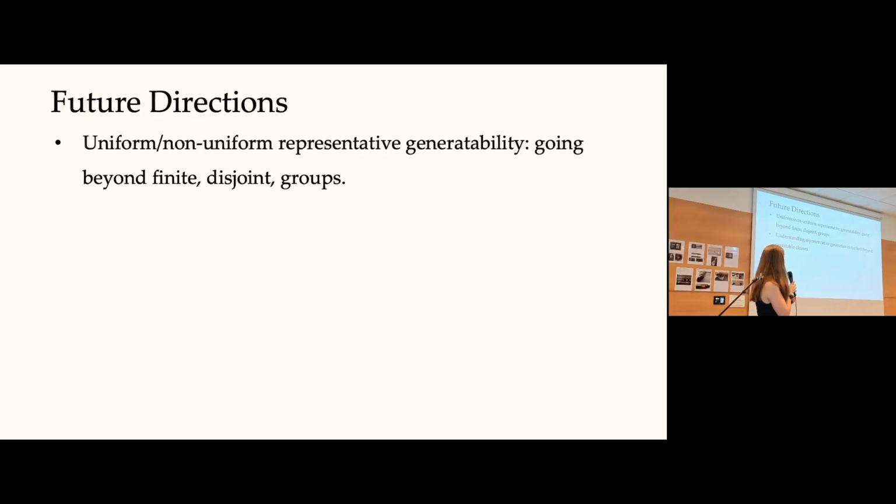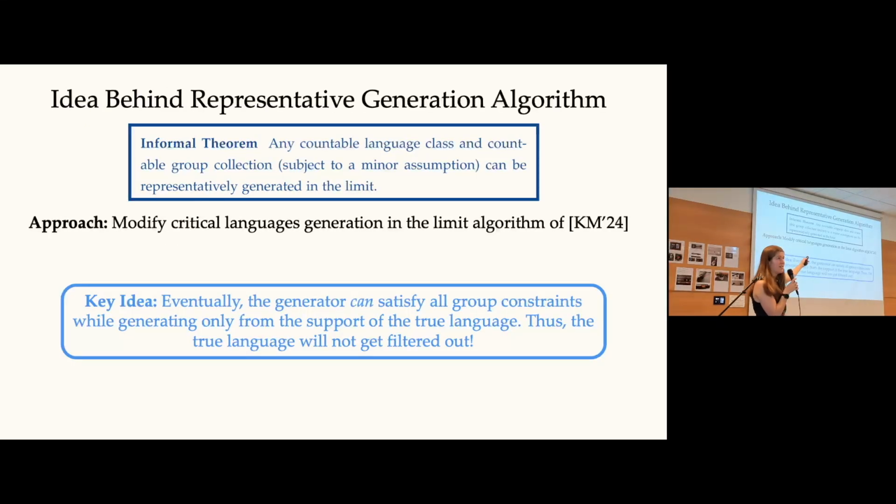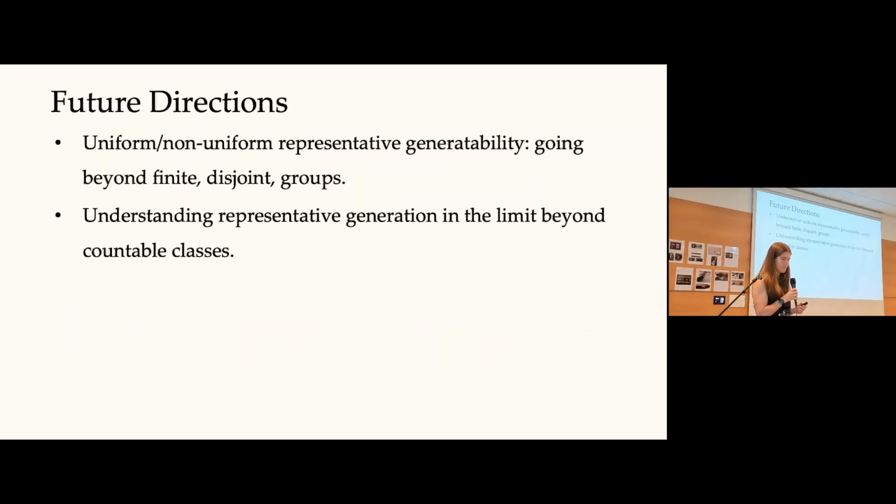The key assumption here is basically that not too many groups can have finite support in the true language. Only a finite number can. So as long as your indistinguishability tests satisfy that, you're good to go. I should say, though, that this is not a computational result. This is more information theoretic. So if your cryptographic hardness is computational, maybe it doesn't make so much sense in the context of this theorem.